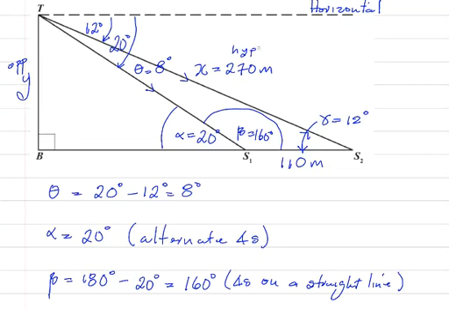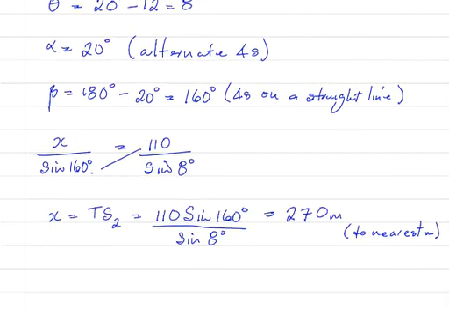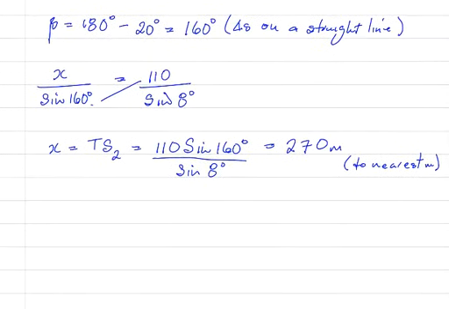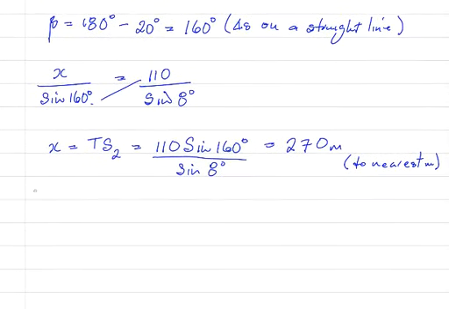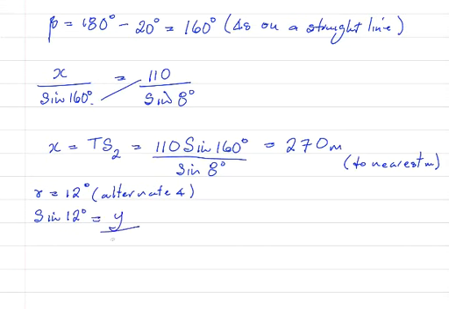All right, so let's put all that on paper now. Gamma is equal to 12 degrees, they're alternate angles. Then the sine of gamma, which is 12 degrees, is equal to the opposite side y over the hypotenuse, which is 270 meters. If I have one fraction equal to one fraction, I'm going to cross multiply.